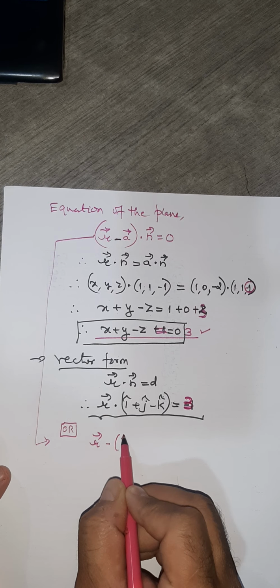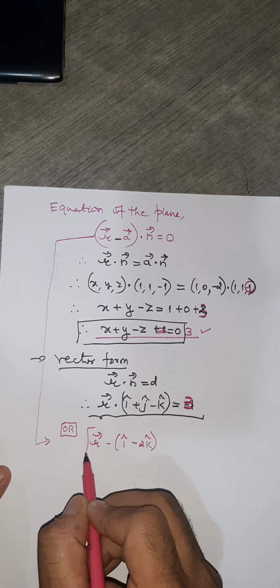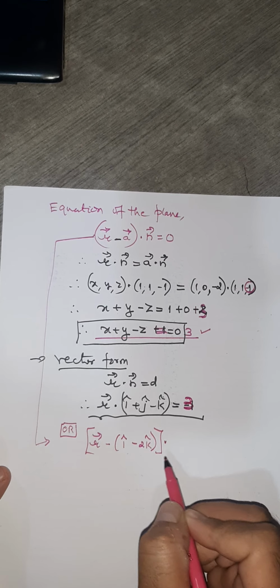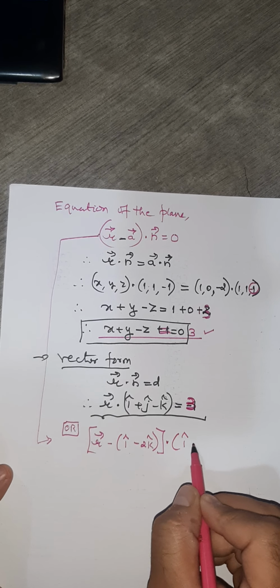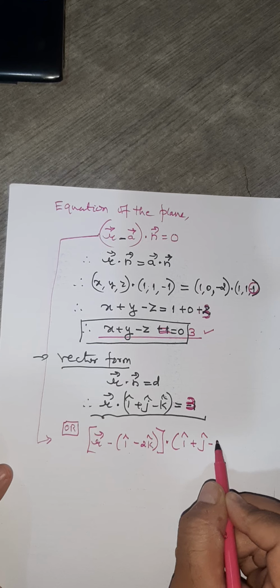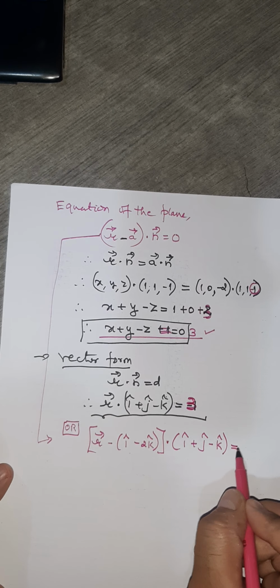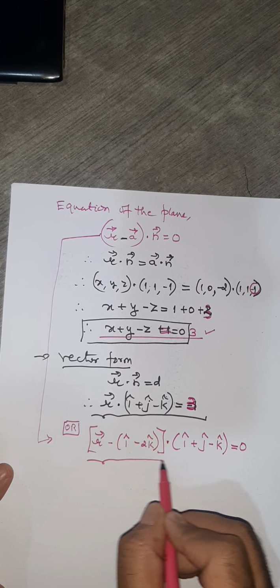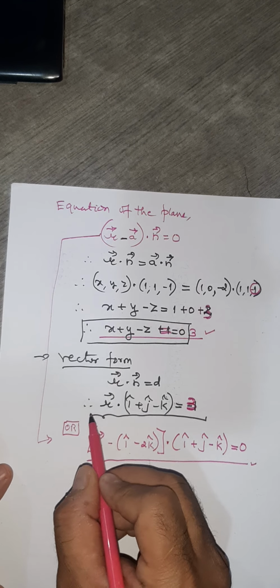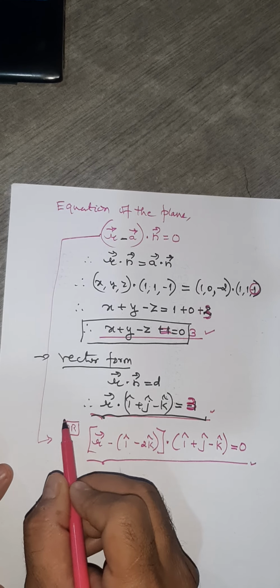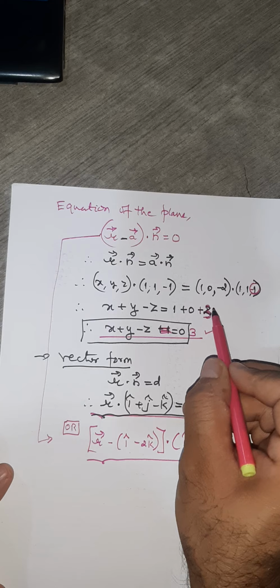It is i cap minus 2k cap, dot the normal. What's the normal here? The normal to the plane, which is i cap plus j cap minus k cap, equals 0. Both are correct. Either you can express in this form, on the backside you are given this form, or in this form, whichever you write. I'm talking about the vector form. The Cartesian form you need to do in this form.